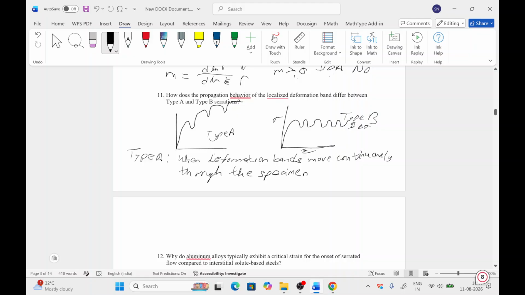So this deformation band motion is continuous, but it disappears at this point and appears at this point again.